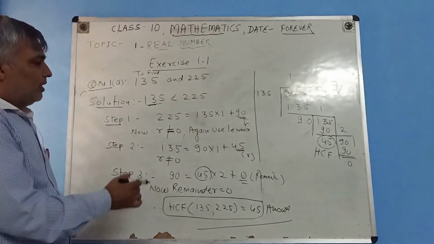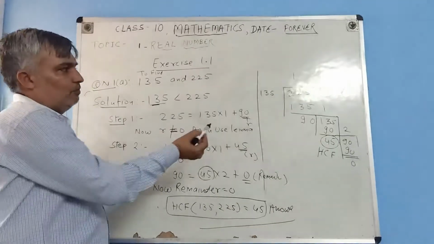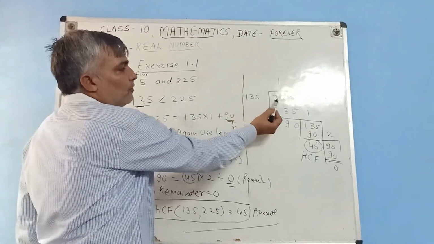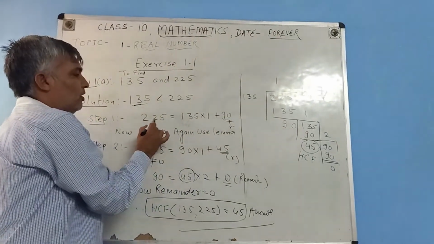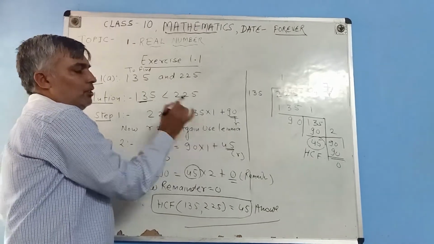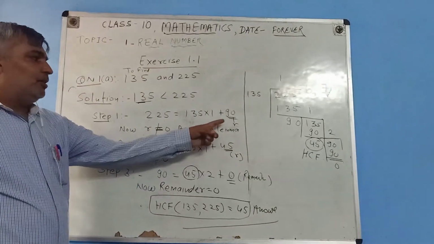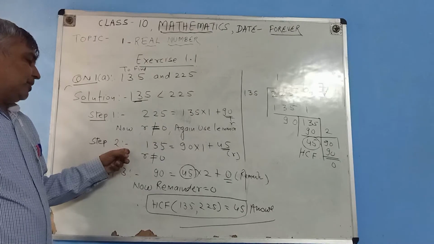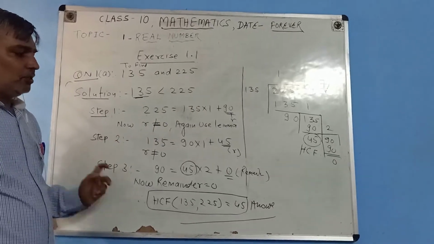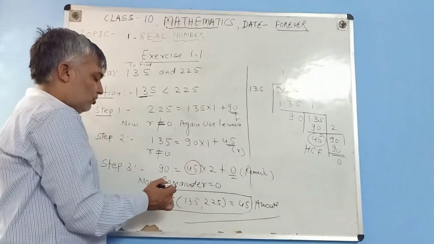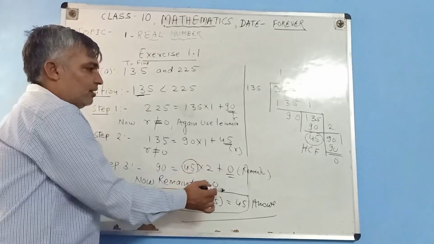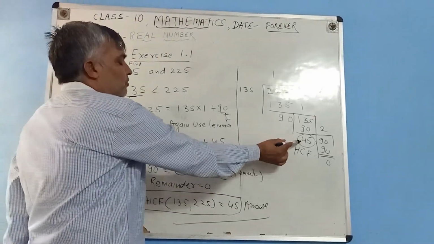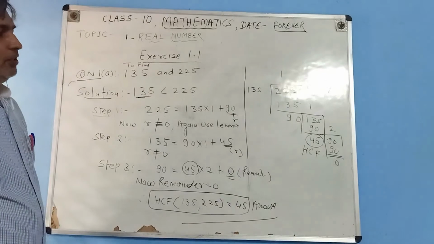If we apply the division algorithm in this process, we write in this way: 225 equals 135 into 1 plus 90. Now the remainder is not equal to 0. We shall apply again the second step, then the third step. When the remainder is 0, then the last divisor, what is the last divisor? 45 is our answer, the HCF.